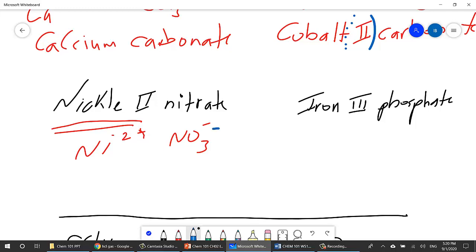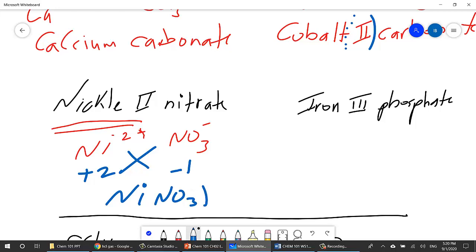Minus 1, so that's 1, plus 2, cross multiply, and it becomes Ni1, NO3 2, but this is a group, so you have to put it in brackets like that. So nickel(II) nitrate is Ni(NO3)2.